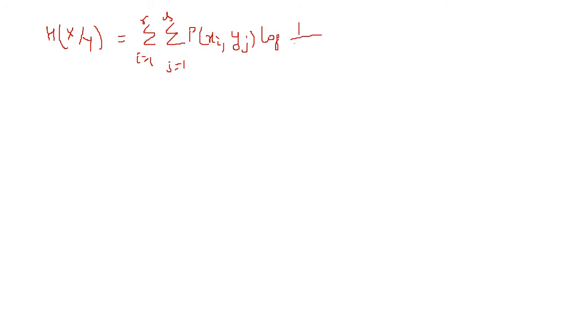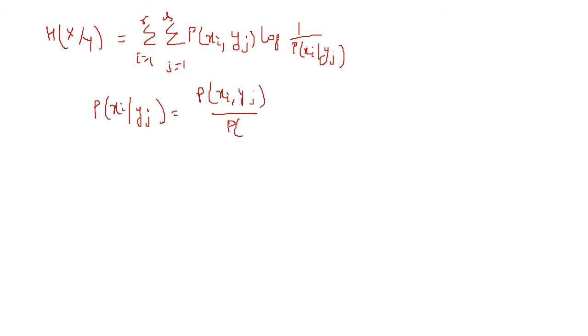So we have got H of X comma Y. Next, to find H of X by Y, we know H of X by Y is given by the formula double summation i is equal to 1 to r, j equal to 1 to s, P of xi comma yj into log of 1 by P of xi by yj. But we don't know what is P of X by Y. So to find P of xi by yj, we'll use the formula P of xi comma yj divided by P of yj.